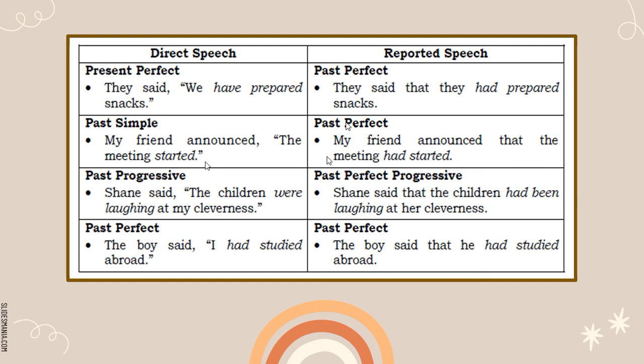Number 4, conversion of interrogative and imperative direct speech. The reporting verb said or said to is changed to asked, demanded, or inquired. For yes or no questions, if or whether is used in place of that.